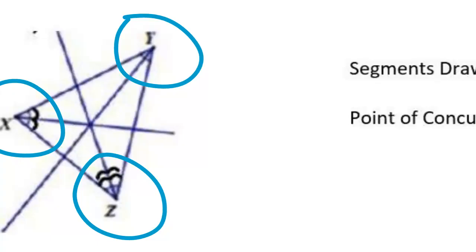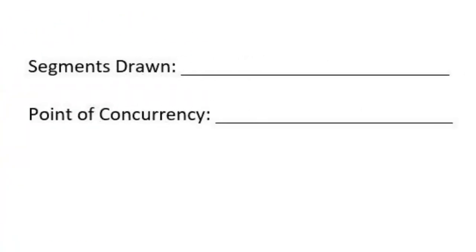What do we call the line segment that does that? Go back and look at number 4 if you need to. What'd you say? Angle bisectors.